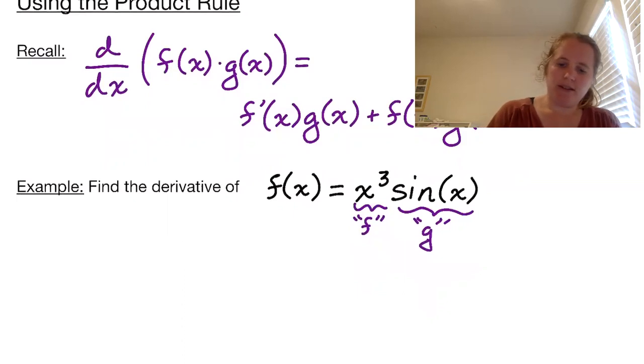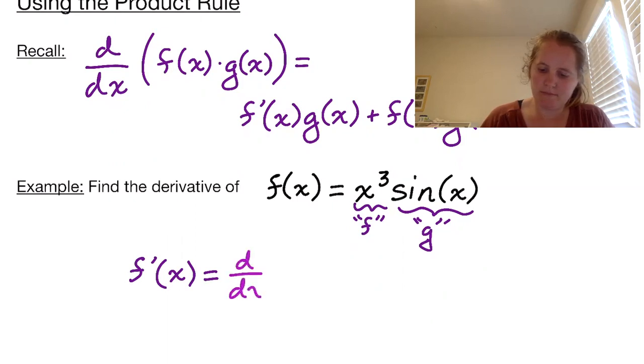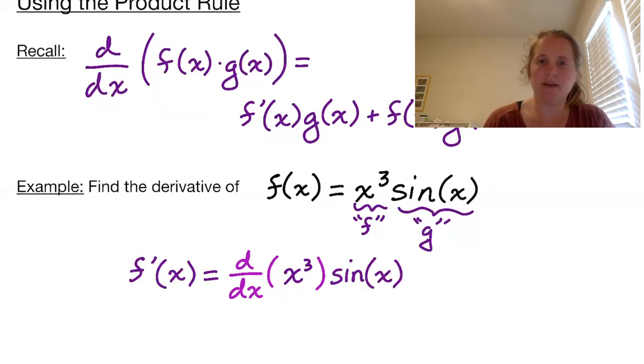So if I want to take this derivative, then f prime of x is equal to the derivative of x cubed times the original second function, times sine of x.